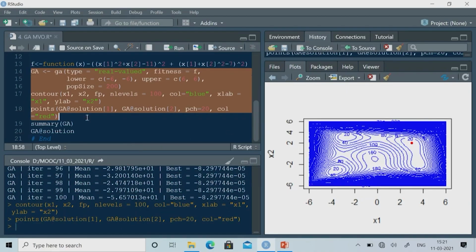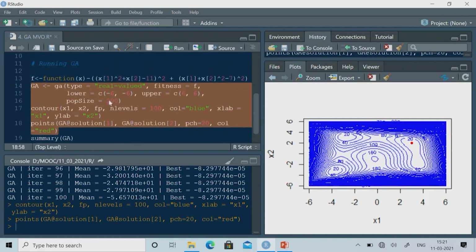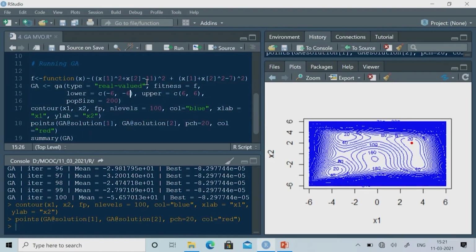So, I am getting the solution in the first quadrant, but you may get the solution in the other quadrant also. So, what I can do basically, I can also get the solution by changing this upper bound and lower bound. Suppose I would like to get the solution of the second quadrant, then what I will do, for x1 the lower bound is minus 6 and upper bound is 0, and for x2 the lower bound is 0 and upper bound is 6.